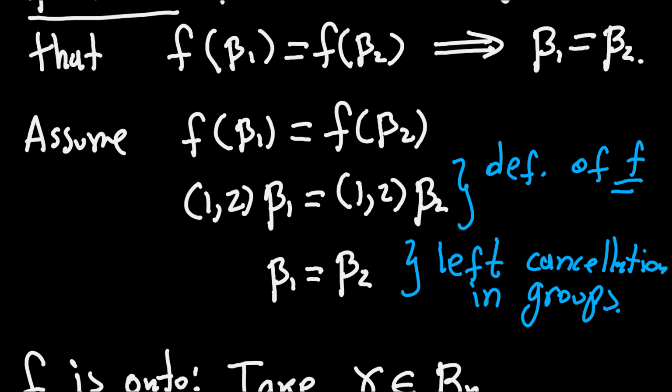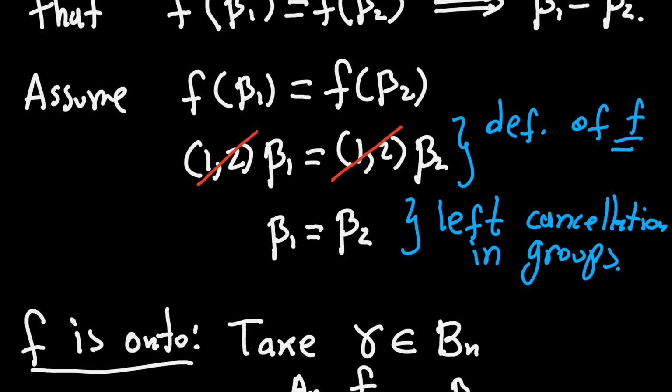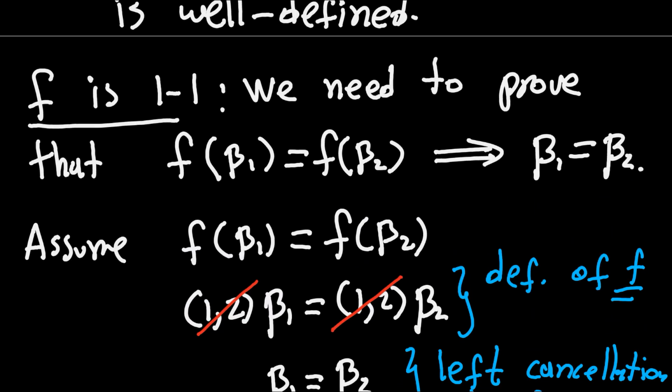We are in Sn, so left cancellation is something that we can do here. If you do the left cancellation on this side and this side, then you get that beta 1 is equal to beta 2 by left cancellation in a group. So that proves that this function is 1 to 1, because we proved this statement.